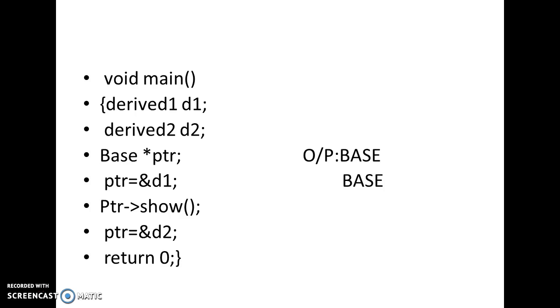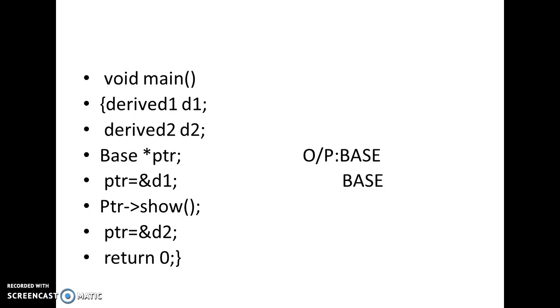So here in main, C++ allows base class pointer to point to derived class object. So we are creating object for derived class 1, derived class 2, then base class pointer. Here base class pointer is pointing to derived class object. In this first statement, ptr is equal to address of d1, that is pointing to derived class object.